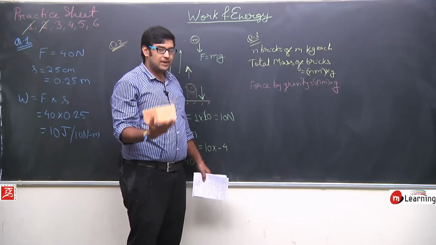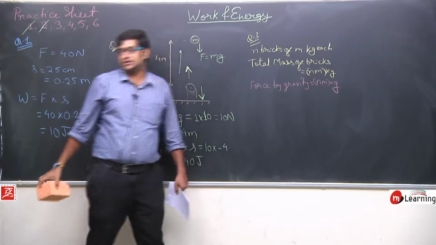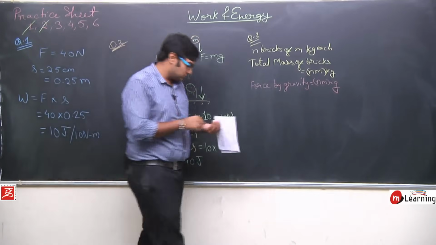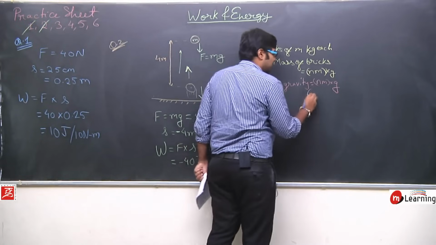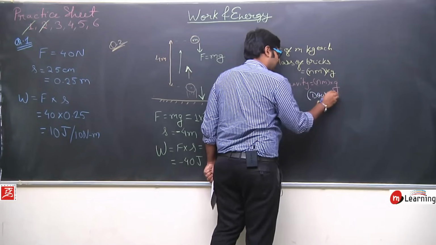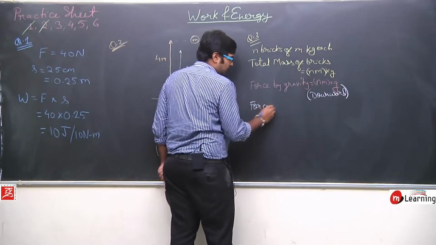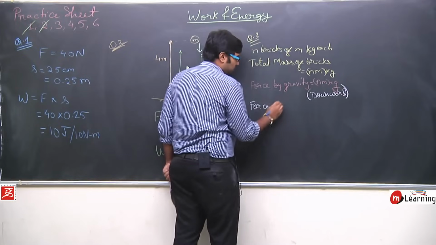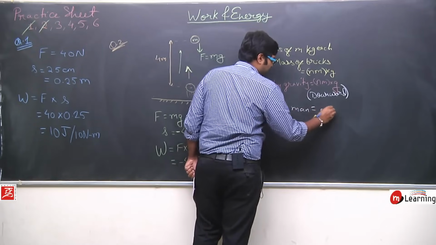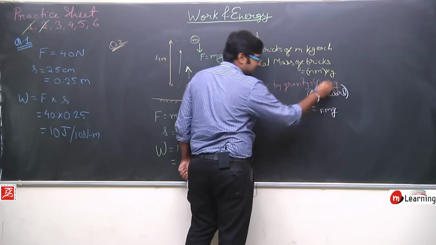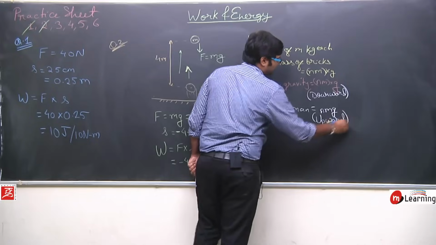So the man has to apply a force in the upward direction, and gravity is applying a force in the downward direction. The force applied by the man will be equal to N into M into G, the same force, but in the upward direction.